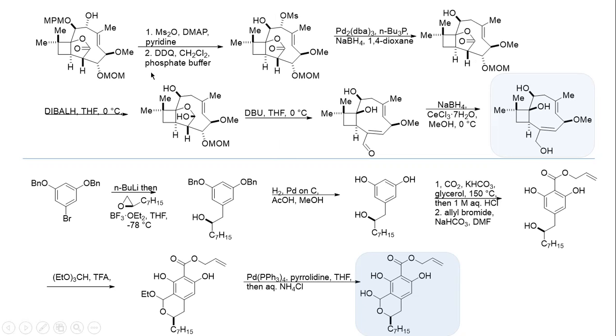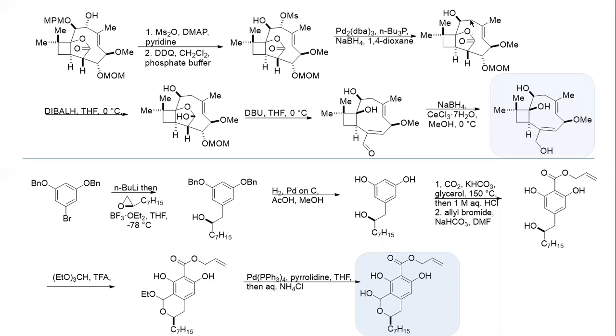So they converted this alcohol into a mesylate, and then, you can see these protecting groups, MOM and MPM, right? They used DDQ and a phosphate buffer to remove that MPM protecting group, right? And then from there, they just did a palladium catalyzed reduction to get rid of the mesylate. So now you are here.